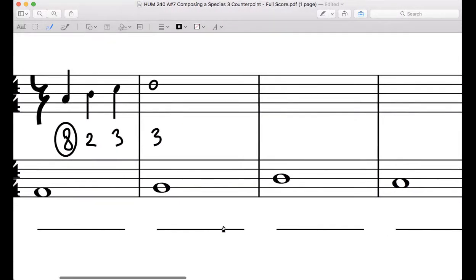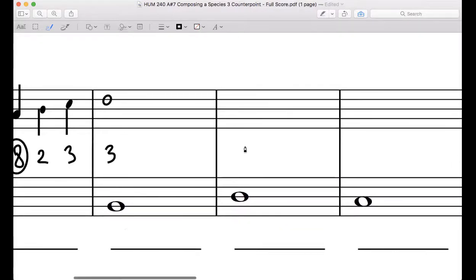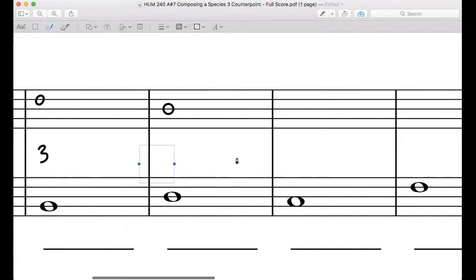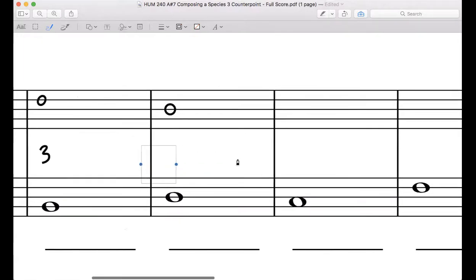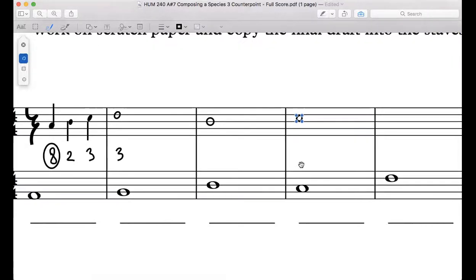Now, where are we headed from here? What could we do? Let's say again, I would use species 1 as a framework, so that you have a good sense of where you're headed. Here, I think I'll use a little voice exchange. This is going to the octave. Now, what if I did octave to octave? Oh, you know that won't work. That's not going to be good. Well, how about in opposite motion, in contrary motion?